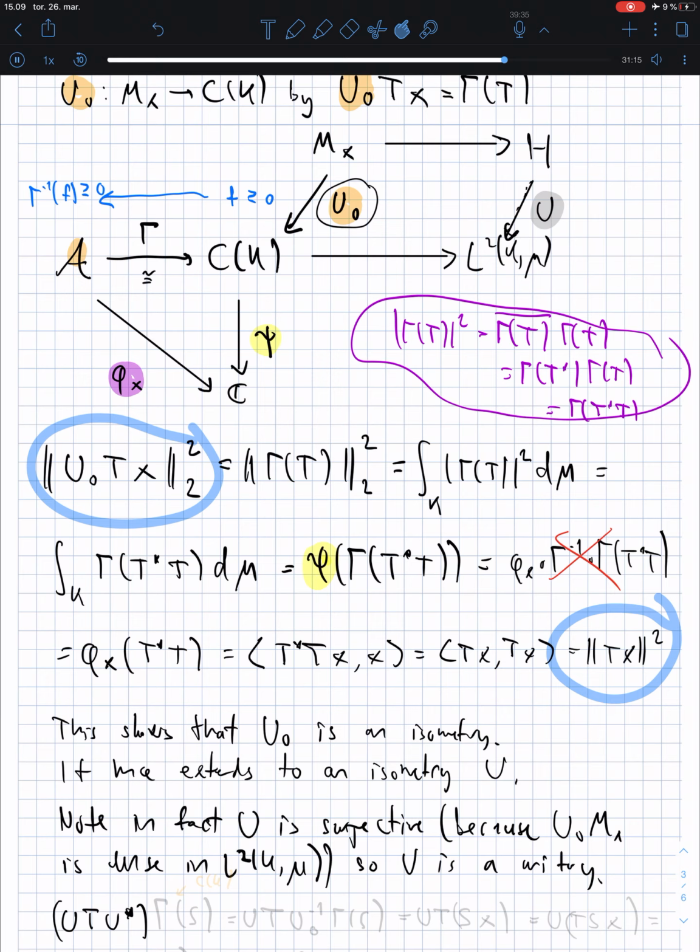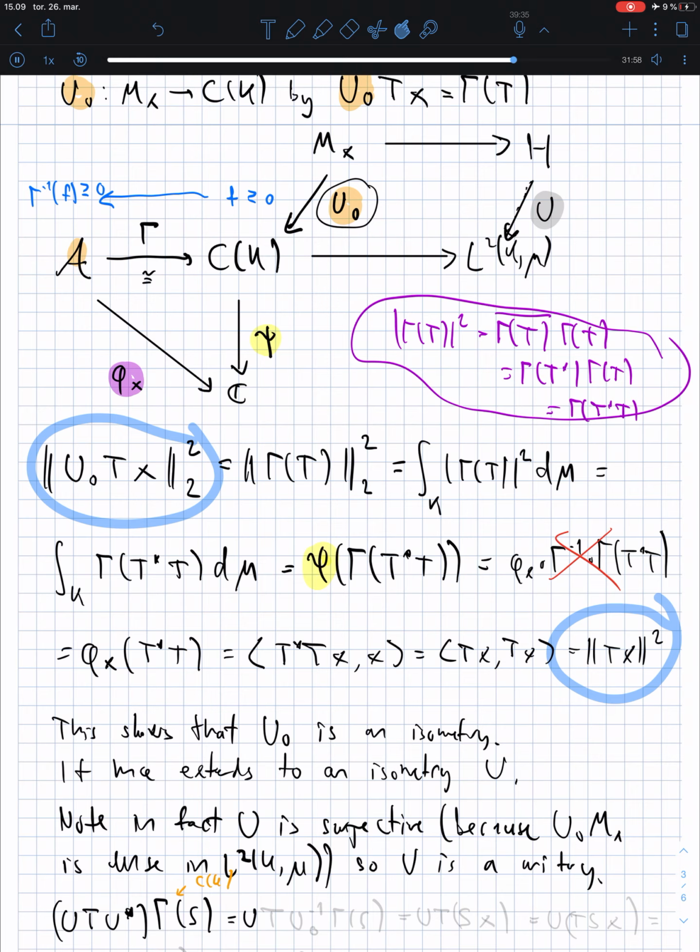I'm going to apply it to a general element in the continuous functions on K. And the continuous functions on K, since we came up with K as the maximal ideal space of A, are just what you get out by using the Gelfand transform. So I'm going to apply U T U star on something of the form gamma of S, because this is what a generic element in C(K) looks like. And the point of doing this is that now I just need to follow the definitions, and you'll see that I get the right thing out.